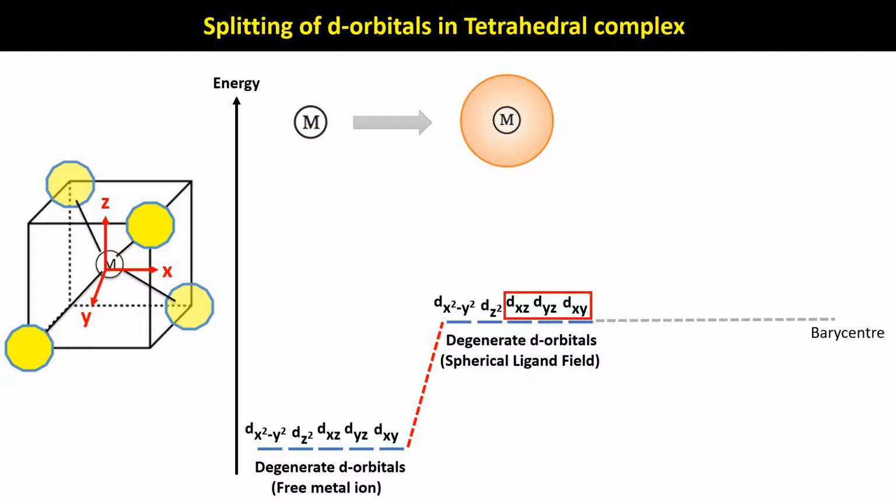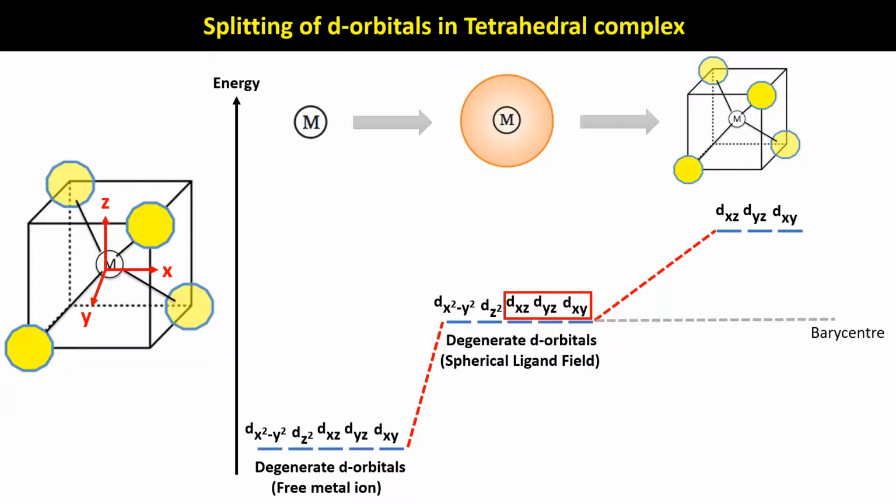So, the energy of dxz, dyz, and dxy will become higher, and dx square minus y square and dz square becomes less energetic than the spherical environment. Thus, the d orbital splitting in tetrahedral environment is just opposite than the d orbital splitting in octahedral environment.